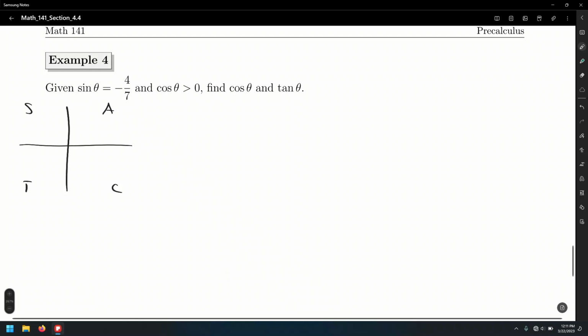In this case, number one, we have a sine function that happens to be a negative value. I don't care what those values are for now. I know it's 4/7, but we'll bring up the number soon. However, sine is negative at which quadrants? There are two quadrants in which the sine function is negative. Which ones? 3 and 4.